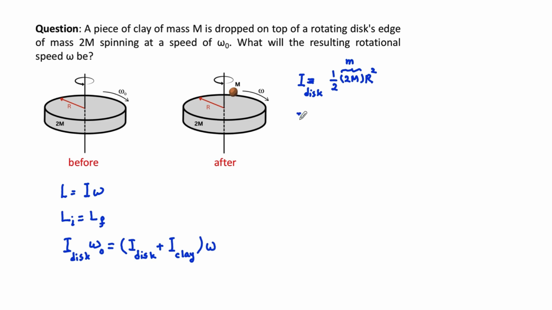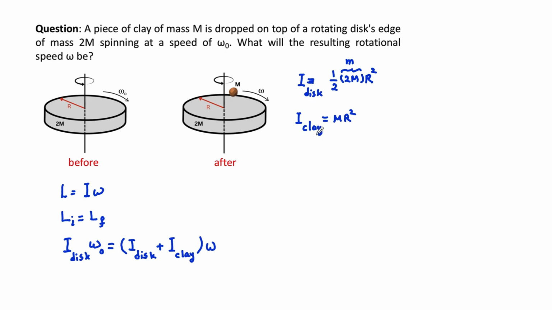And for the clay, it's like we have an object with mass m rotating about this axis. So we have m r squared.